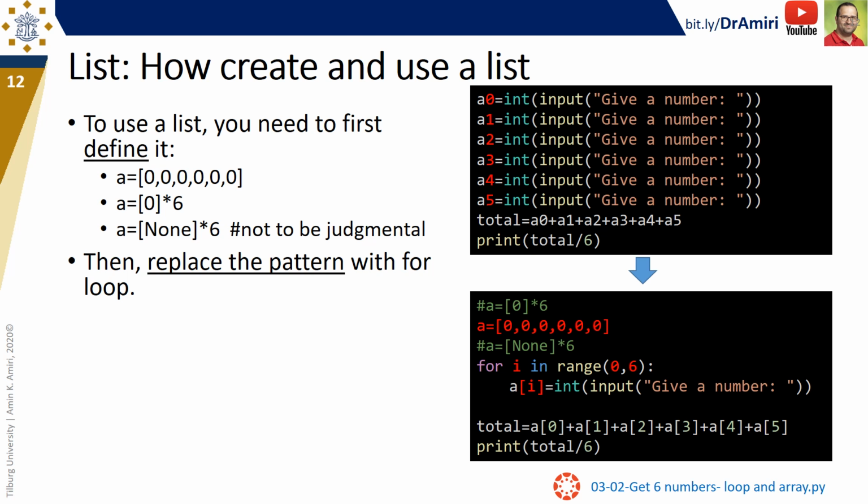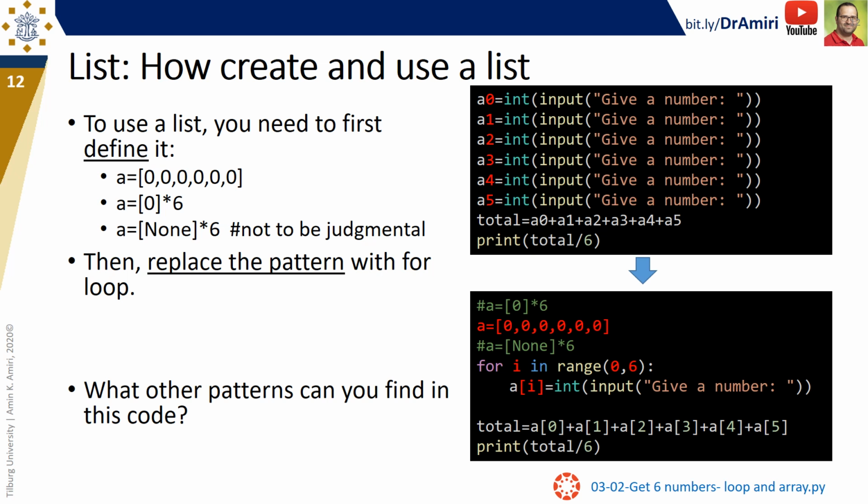So here, as you can see, 0, 1, 2, 3, 4, 5 have to be replaced with bracket I. Put an indent before that, and then write down the for statement: for I in range from 0 to 5 plus 1, which is 6.